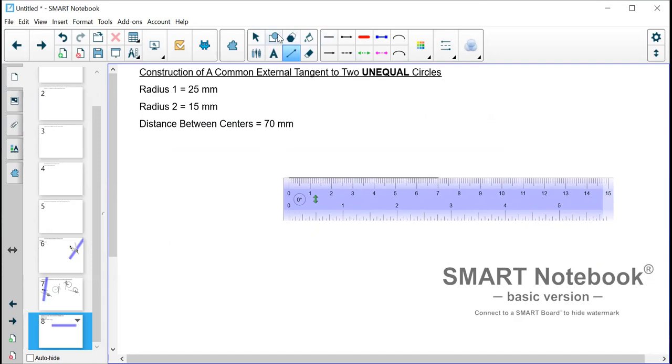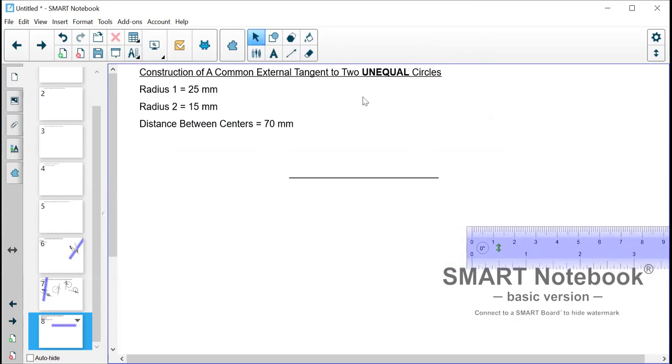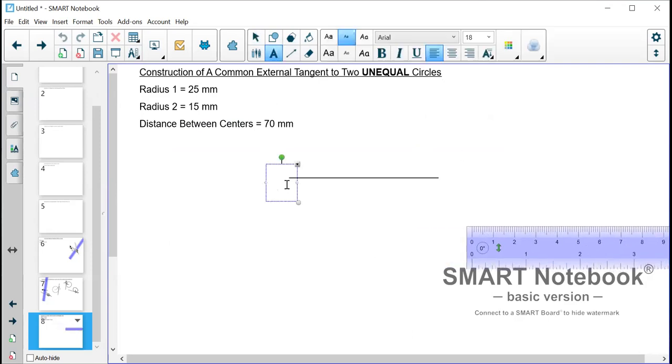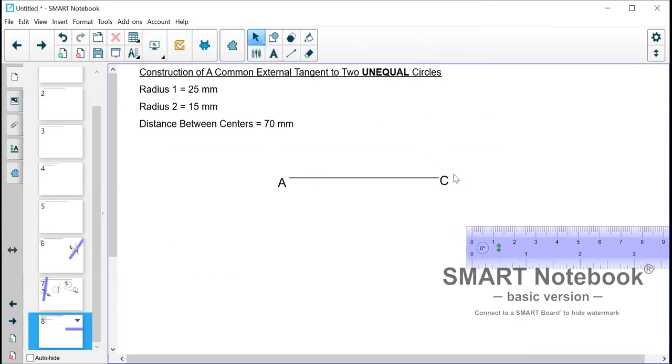We'll draw that line as 70 mm. Having completed that, of course, we label, to ensure that as we go along, we know exactly which point we're using. So we obtain the distance between the two centers.